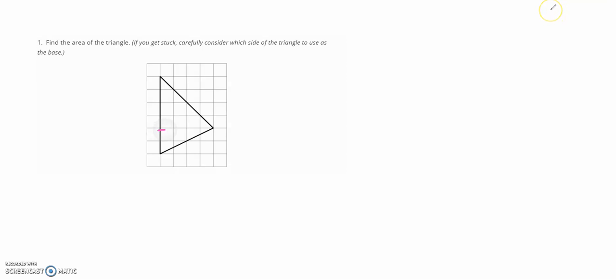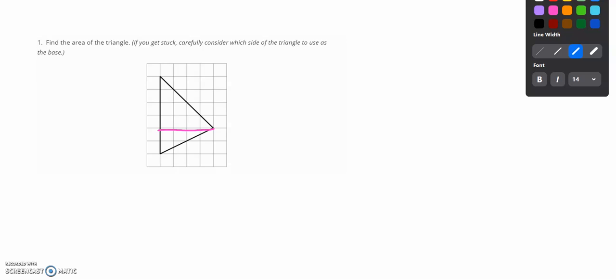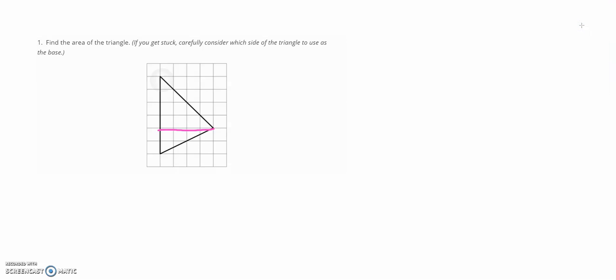We can also cut this triangle like this and make two different rectangles. Here's one rectangle that I didn't make very well. I'll adjust it.